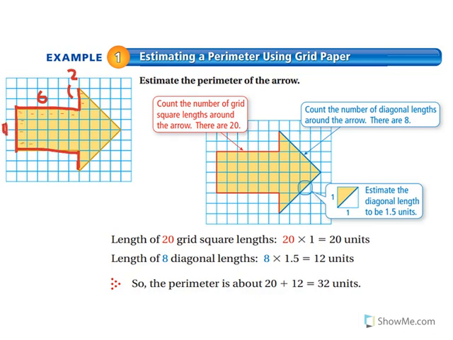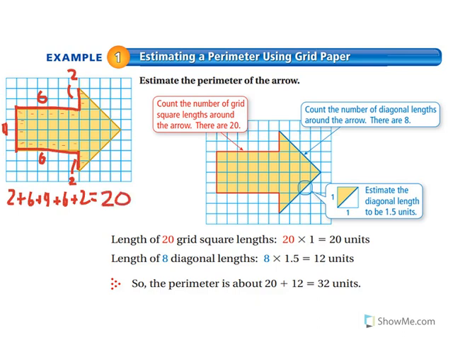I have 1, 2, 3, 4, 5, 6 units over here, and then 2 over here. So I have 2 plus 6 plus 4 plus 6 plus 2, and if I add all of those units up, I get 20.